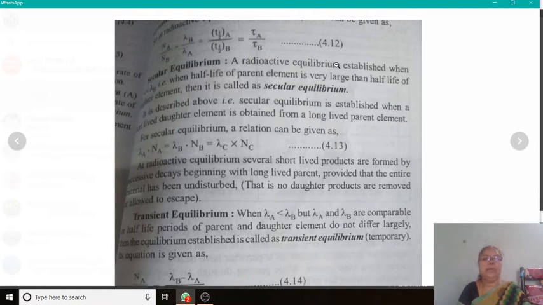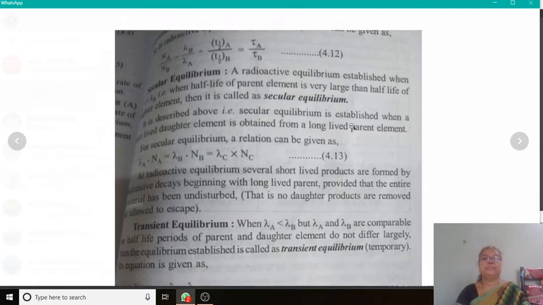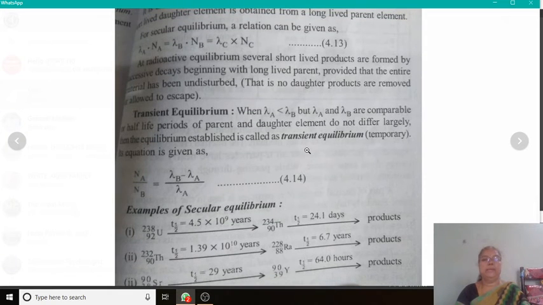At radioactive equilibrium, several short-lived products are formed by successive decays beginning with a long-lived parent, provided that the entire material has been undisturbed. That is, no daughter products are removed or allowed to escape. This is the secular equilibrium.